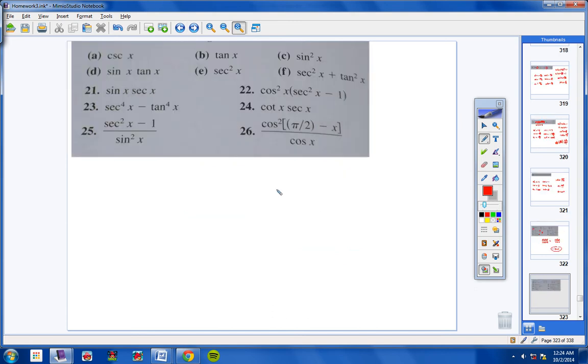Number 21, 23, and 25. All right, 21, sine x, secant x. Now, this will be interesting. Okay, for secant, I can put the reciprocal, which would be 1 over cosine, and then I'm going to put sine over 1.